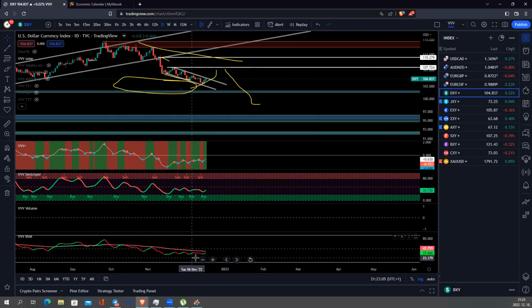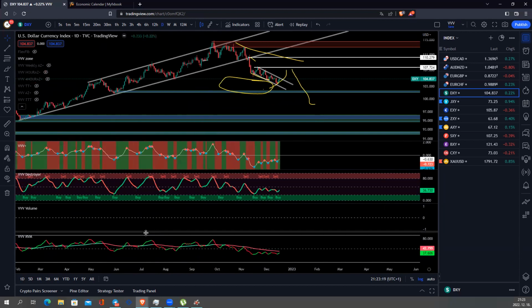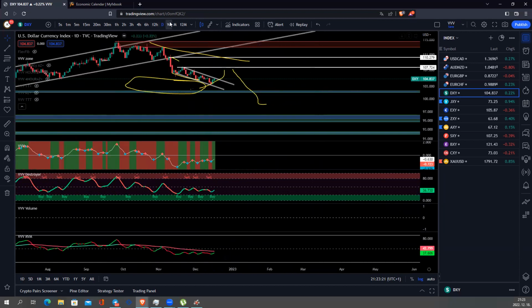But if you see, there is something similar in the two indicators, and I love to see on the RVM how it's heading down and heading up. Okay, so my point is a bullish DXY for next week.